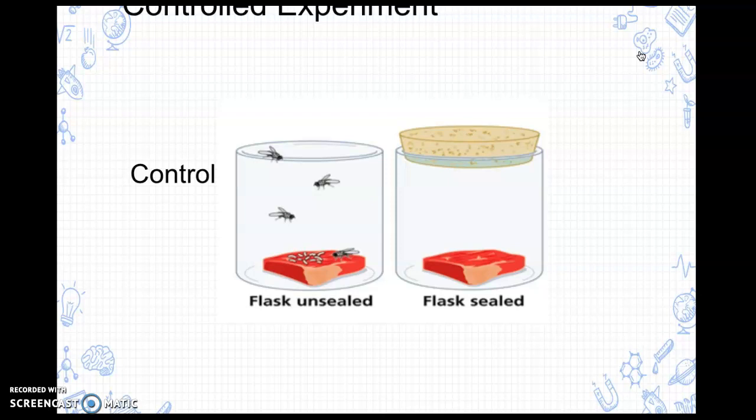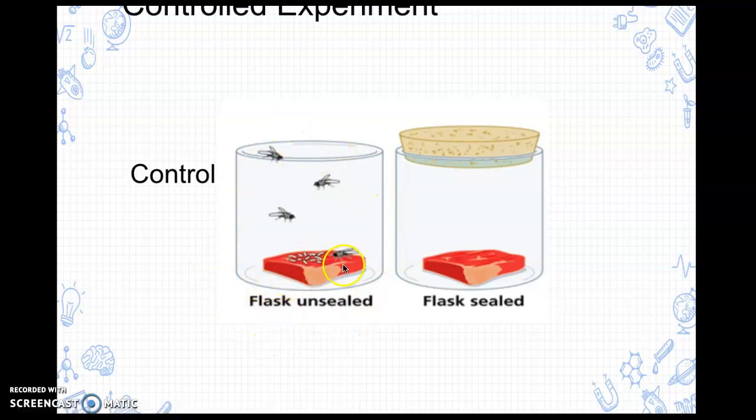He set up this controlled experiment where he said, I don't think that life comes from nothing. I think that these maggots are coming from the flies. So he set up 2 jars, one that was sealed, one that was not, and the control is what happens already in the environment.